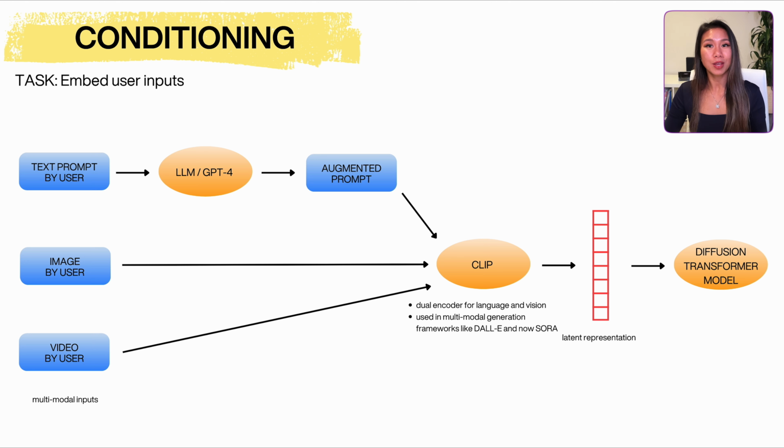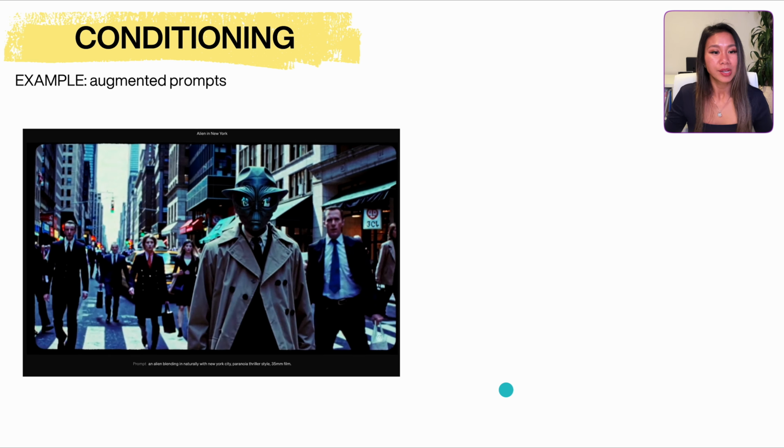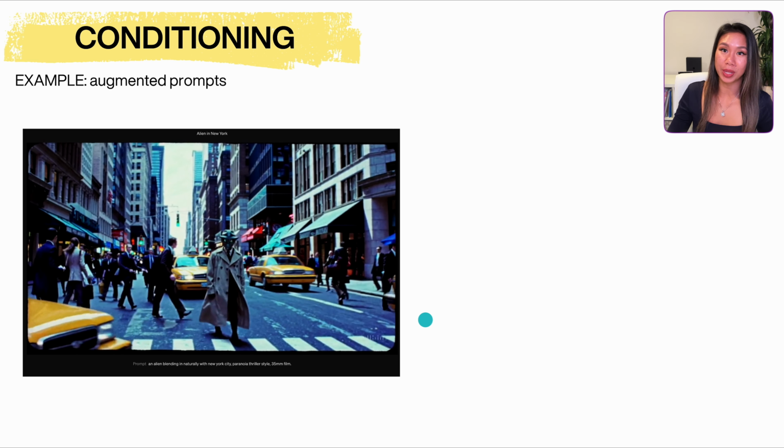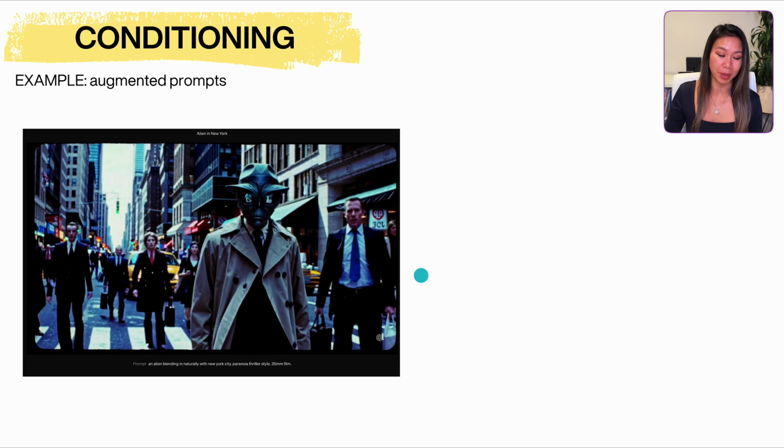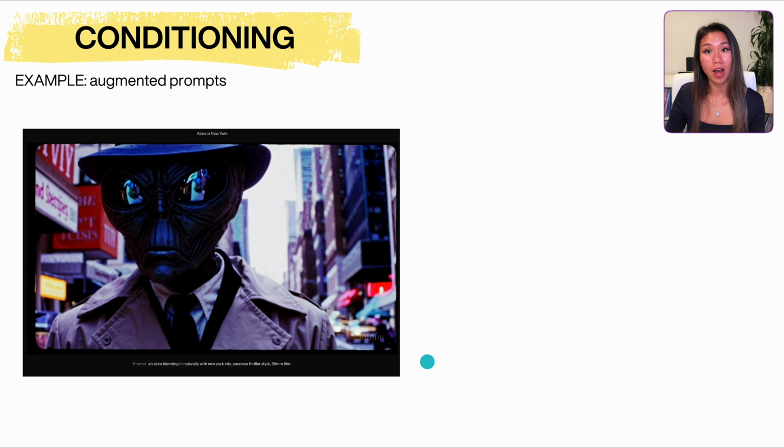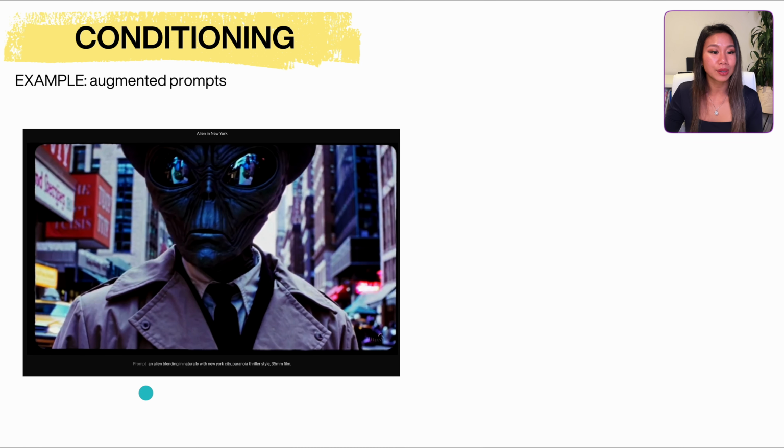But firstly, you might be wondering what's an example of an augmented prompt, and for that, I have a really interesting example for you. So perhaps this video here looks familiar to you. It's actually from the Sora landing page. And as I was looking for an example of an augmented prompt for y'all, I decided to look at the prompt provided here: "An alien blending in naturally in New York City, paranoia thriller style, 35mm film."